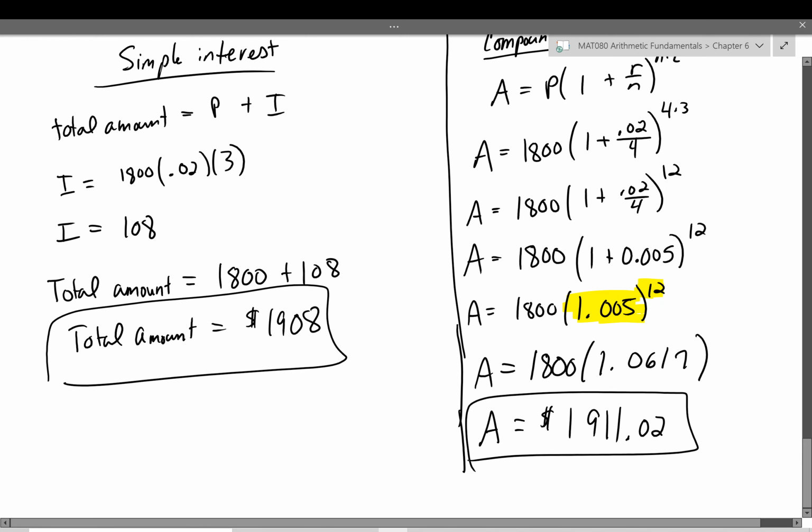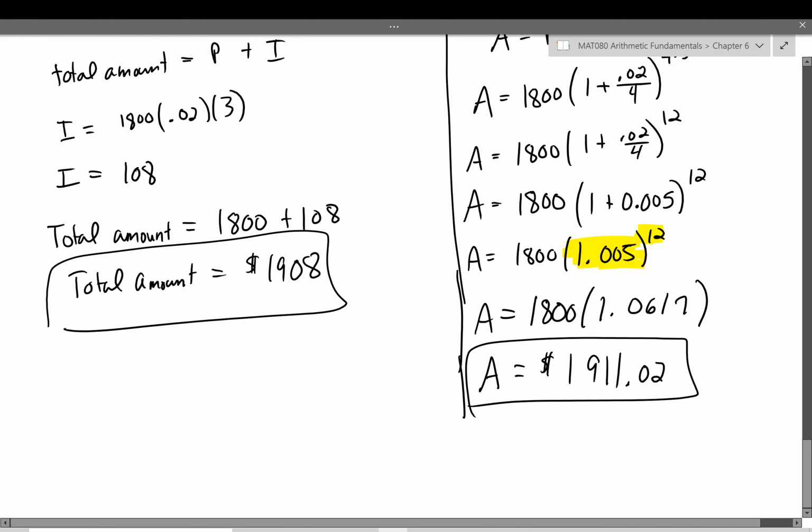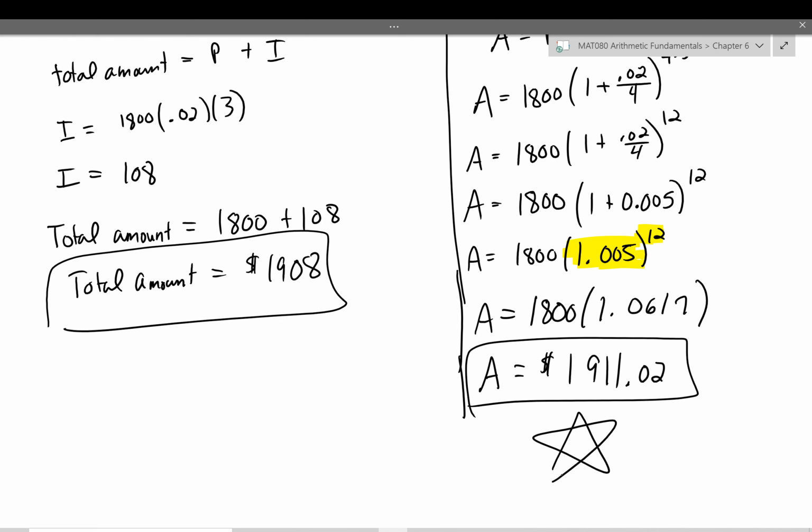So, which is the better investment? Well, the better investment is going to be the higher amount. So it's going to be the money that was compounded quarterly. And there's the major difference. With simple interest, you apply the interest once and that's it. It never changes.